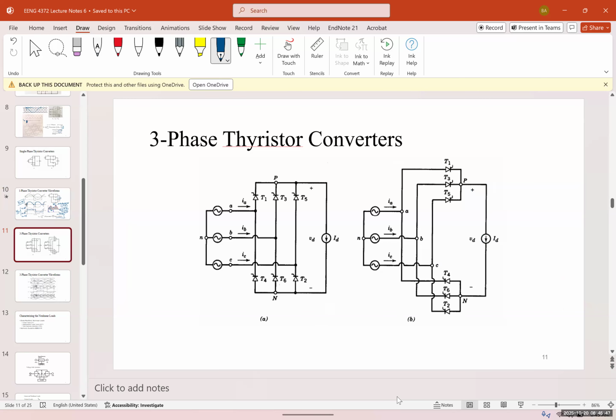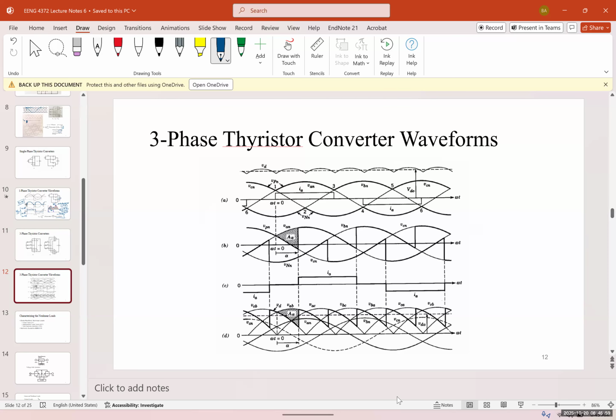Now, for a three-phase thyristor, again, the combination is exactly like what you saw in a three-phase rectifier. You have 6 of these thyristors. There you had 6 diodes. And when you combine them, again, you're going to have the same thing. But again, this time, you have control on when to trigger or initiate or turn on the thyristor. And for a diode, you don't have control over that.